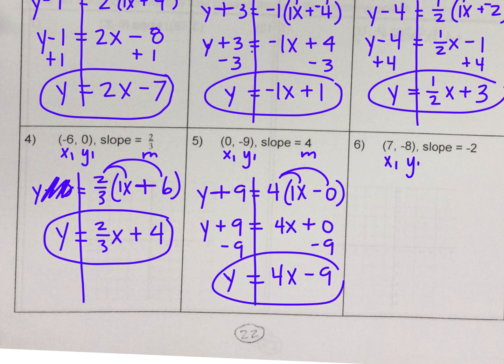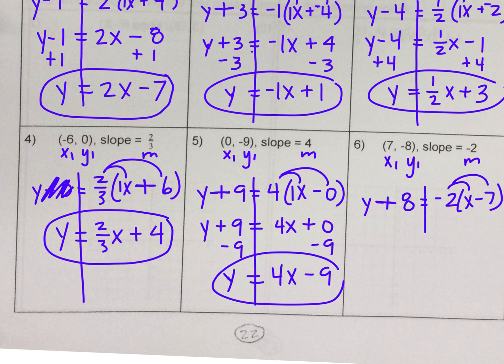x1, y1, and m. y minus -8 equals, and let's make that a positive, equals -2 times (x minus 7).